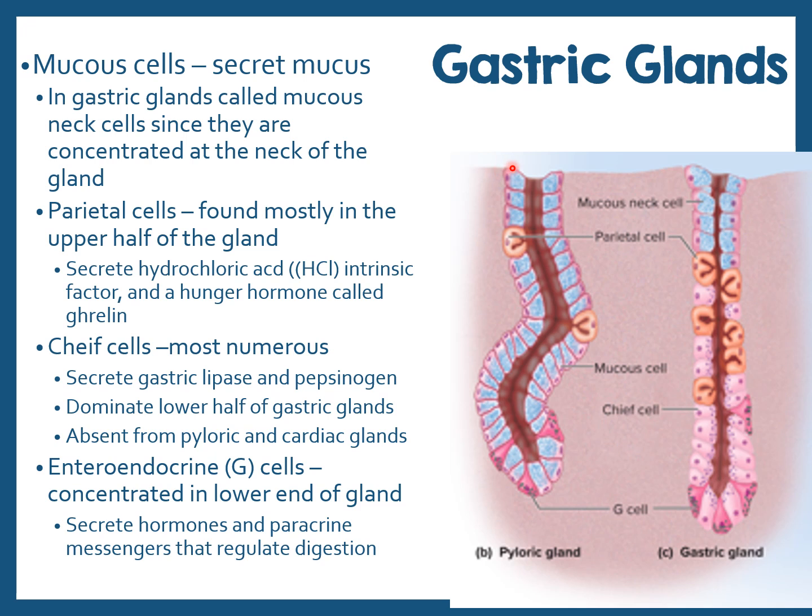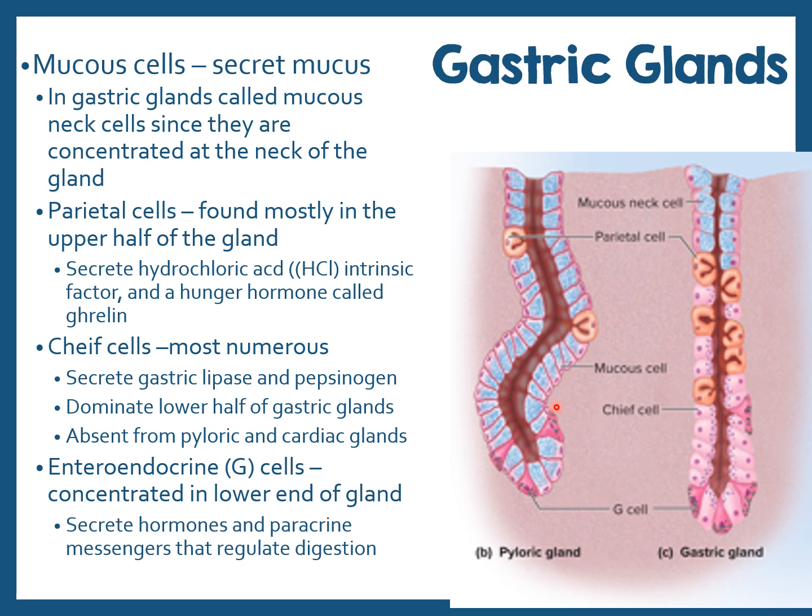And then as we dive into or fall into that pit, we're going to have some mucous neck cells. And they're called that because they're concentrated at the neck of the gland. And then in the upper half of the gland is where we're going to find those parietal cells. In this picture, they look like that little Pac-Man guy.